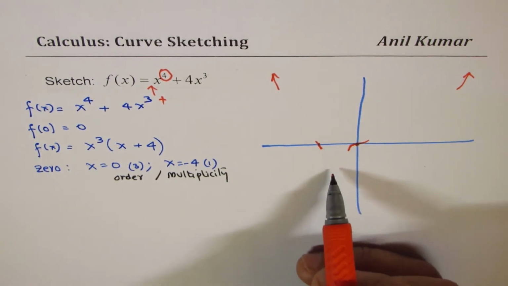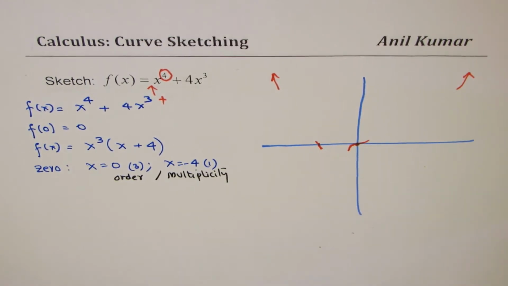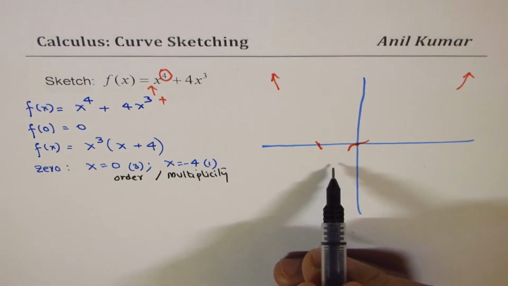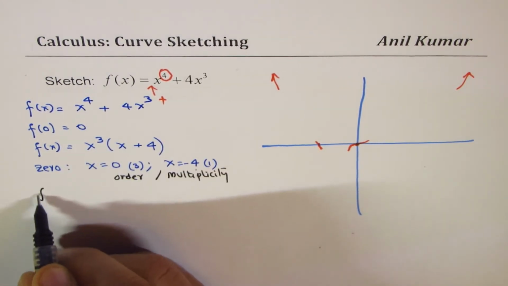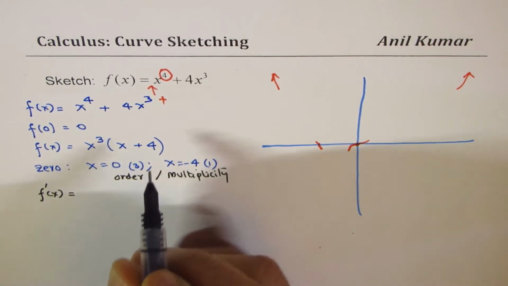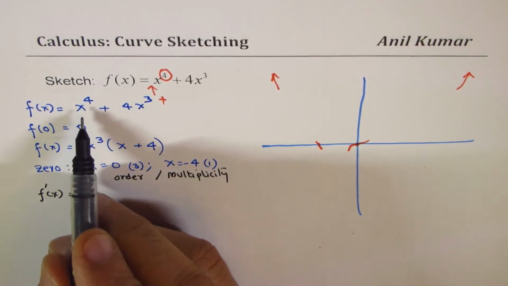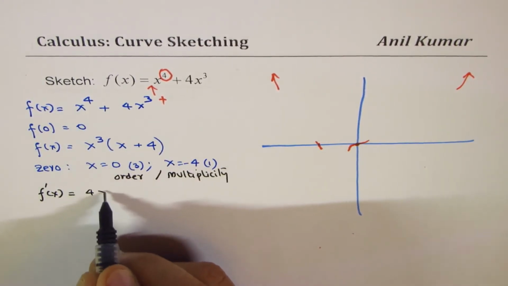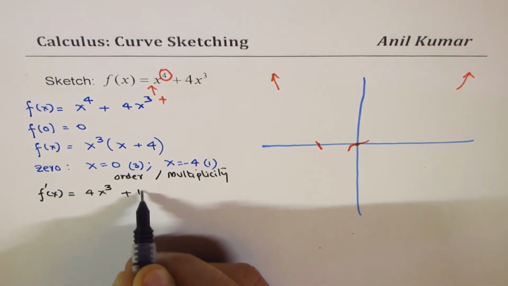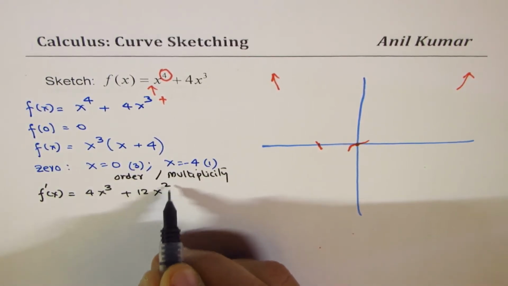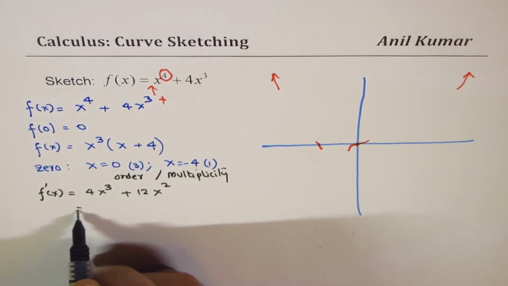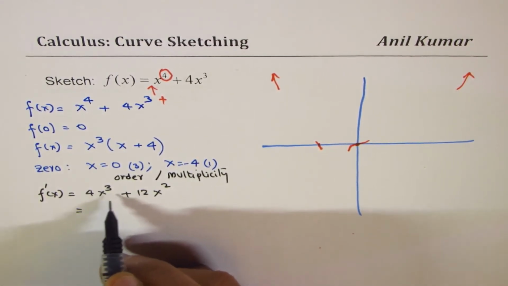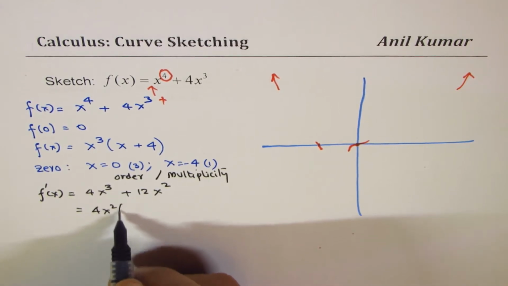So that practically gives you the whole graph. What is left here is to find the local minimum. For the local minimum, let's find the derivative. So f dash x is equal to, we'll differentiate this, 4x cubed plus 12x squared. If you factor this, 4x squared is common.